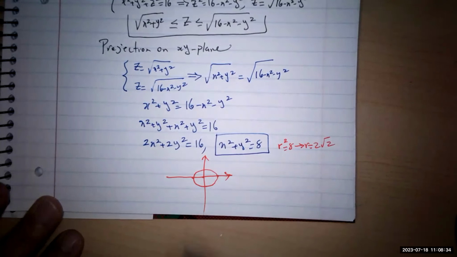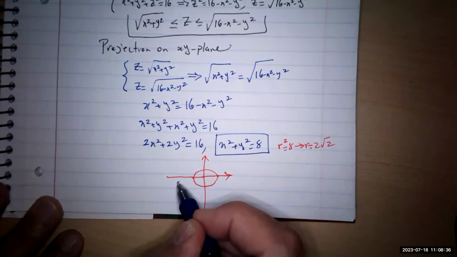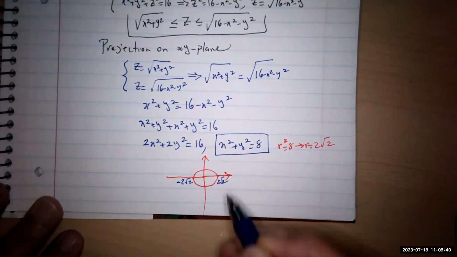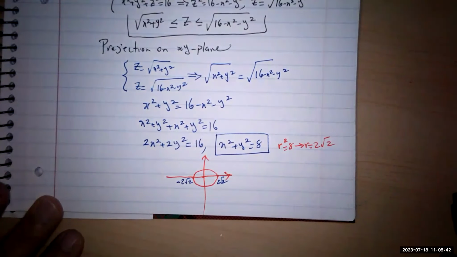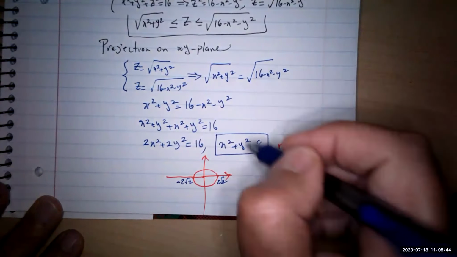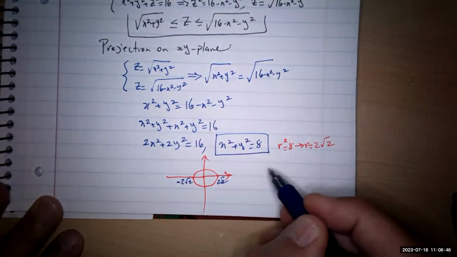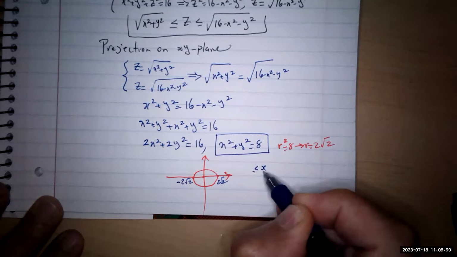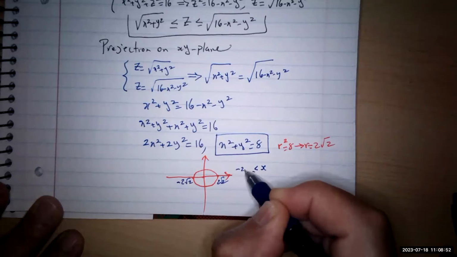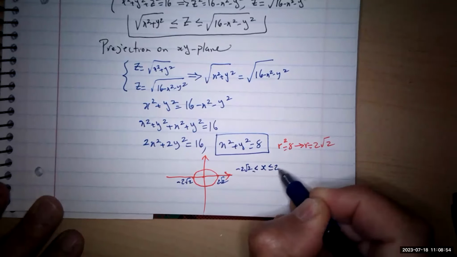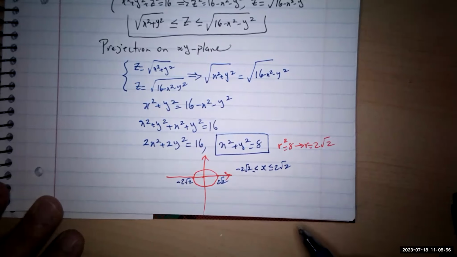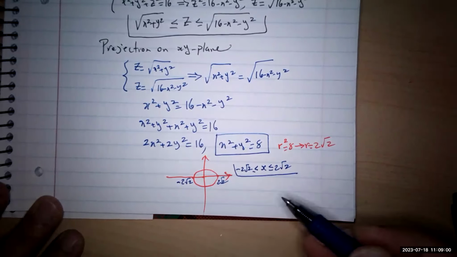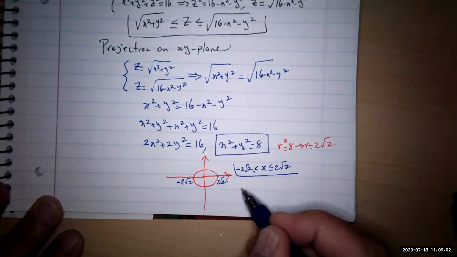But the radius is going to be 2 radical 2. So officially, if I stay with the rectangular coordinates, x goes from negative 2 radical 2 to 2 radical 2, and y is the top and the bottom semicircles.